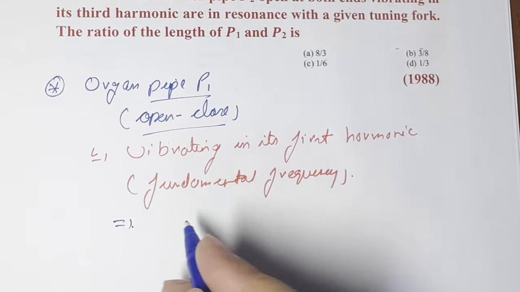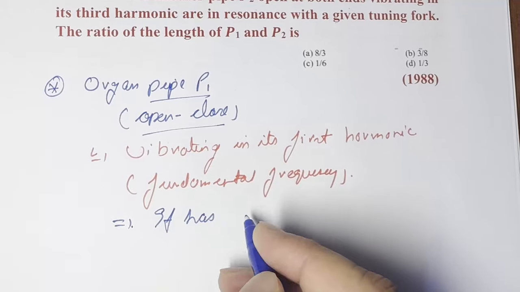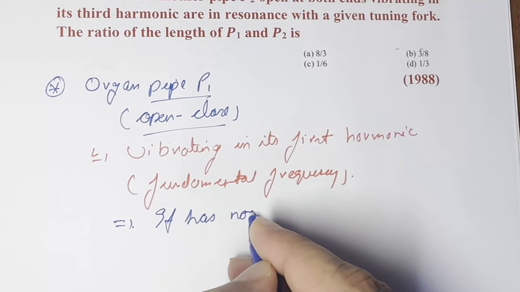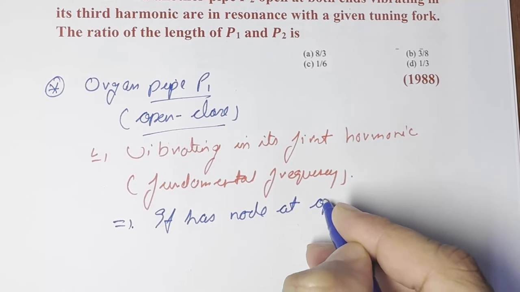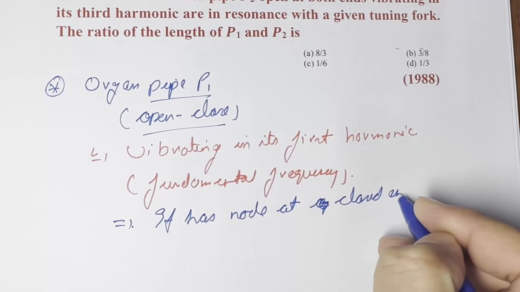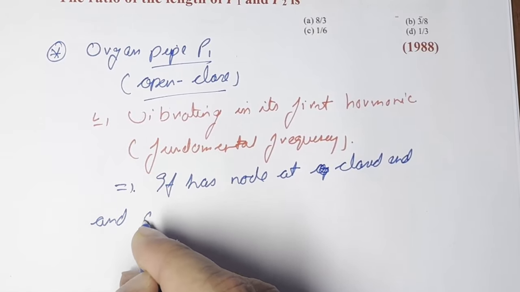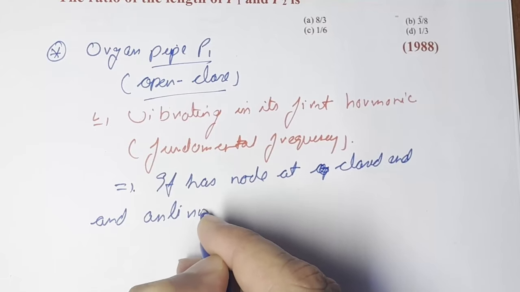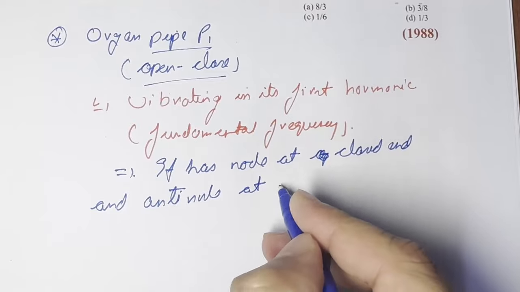Therefore, it has a node at the closed end and an antinode at the open end.